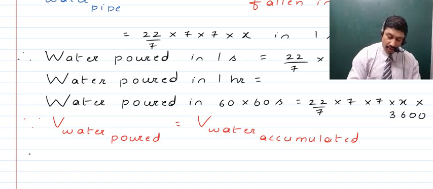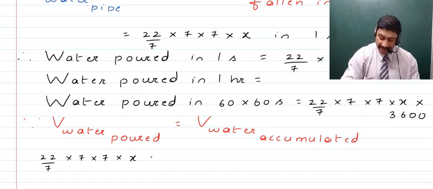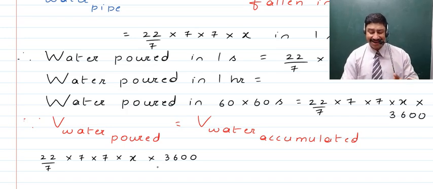The volume of water which has been poured is 22 upon 7 into 7 into 7, into x, which is the length of water fallen off in a single second, and further we multiply it with 3600, which is the total period of time, that is an hour written in terms of seconds.